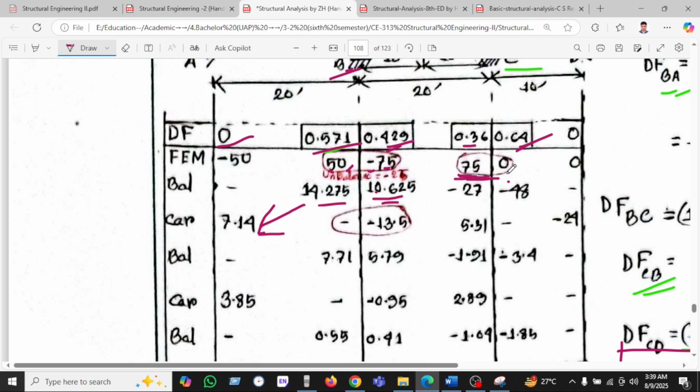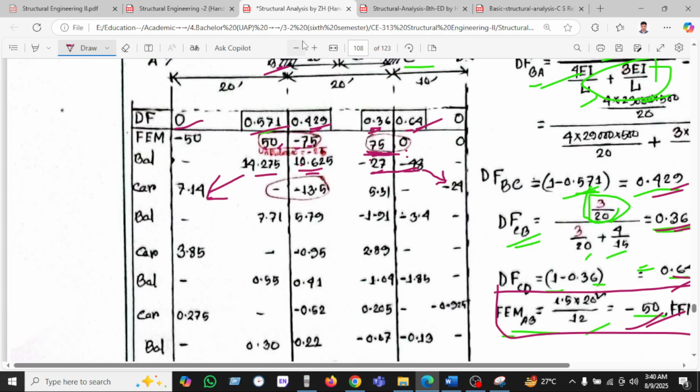There, 70 into 0.36 gives 25.2, and 70 into 0.64 gives minus 44.8. The carryover is half, so 44.8 divided by 2 is 22.4.